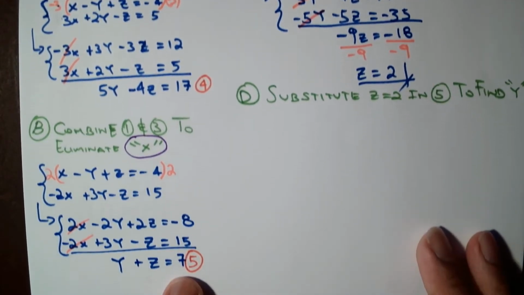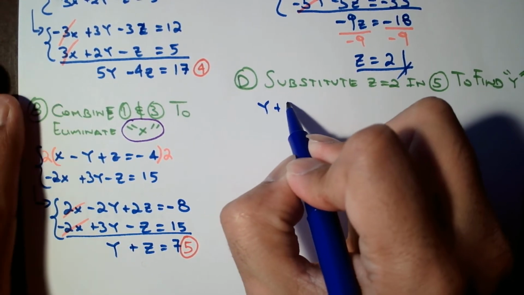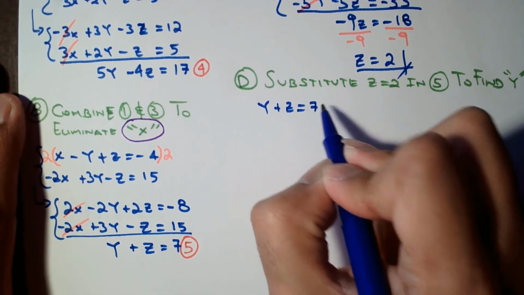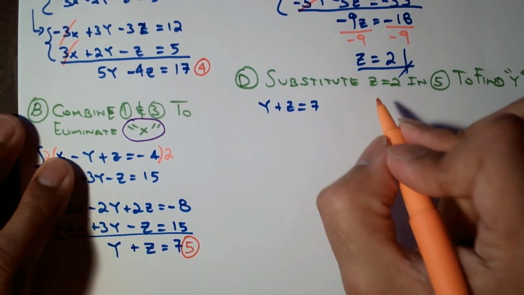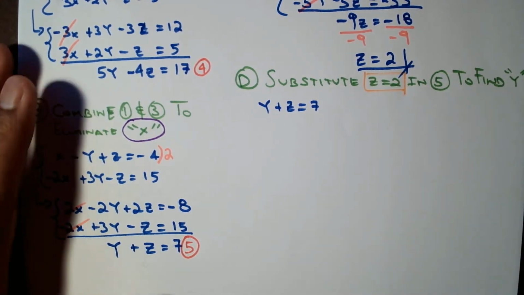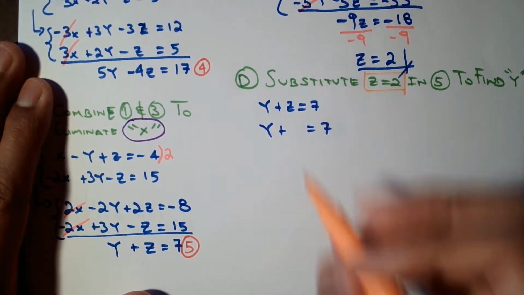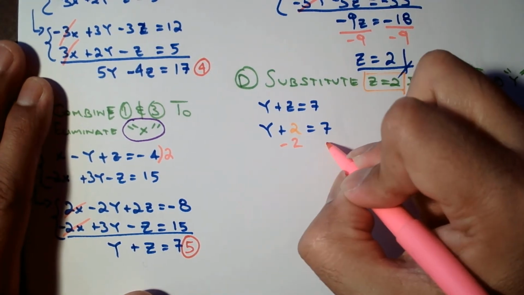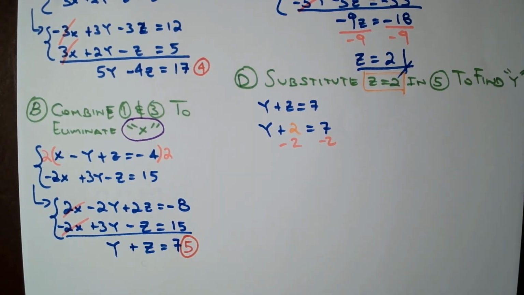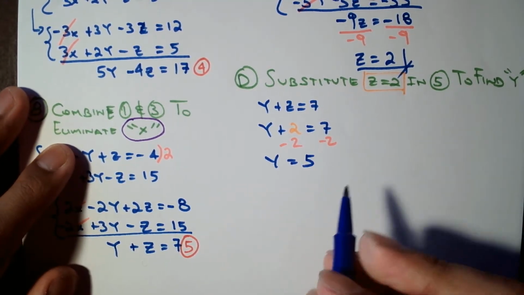Well, equation 5, which is right down below here. So y plus z equals 7. I'll plug in z equals 2. So y plus z equals 7 and z equals 2. Simply in this case, subtract 2 from both sides, and y equals 5.